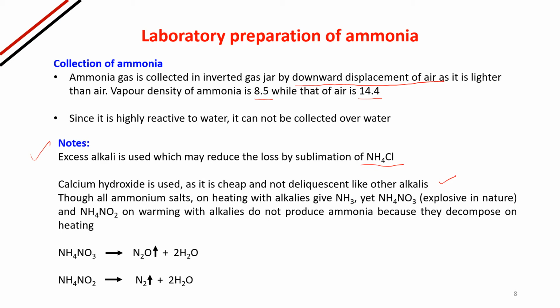Because they decompose on heating. Very important points. NH4NO3 will give you NO2 and H2O, and NH4NO2 will give you N2 and H2O. So these two cannot be used for the preparation of ammonia in the laboratory.